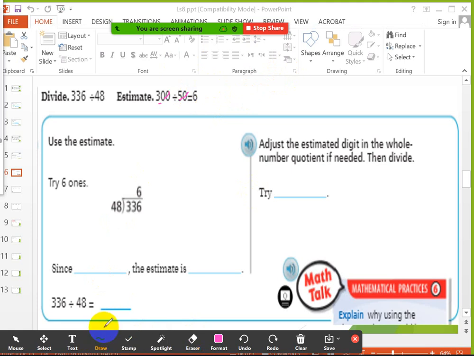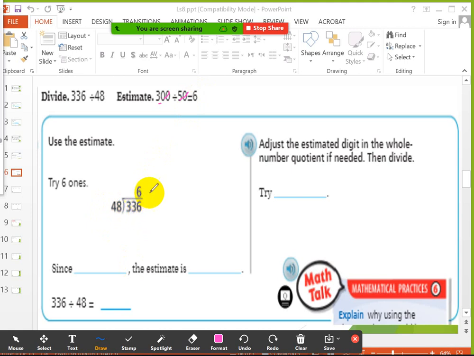Okay, so let's find the answer. Now I will use this estimation to help me find the quotient. If I want to divide 336 by 48, I will use the estimation 6, as we learned before. How many 48s in 336?